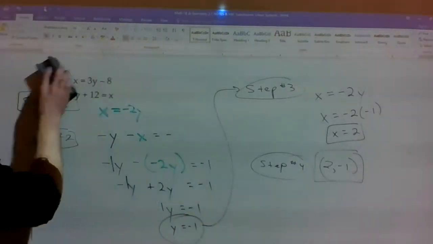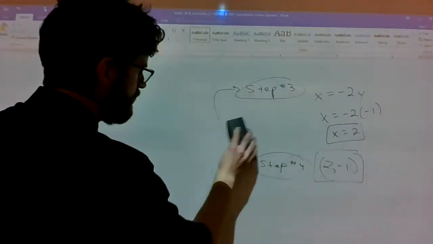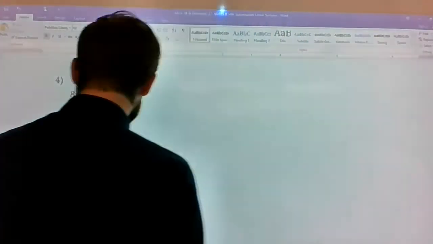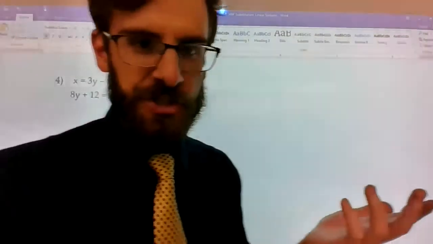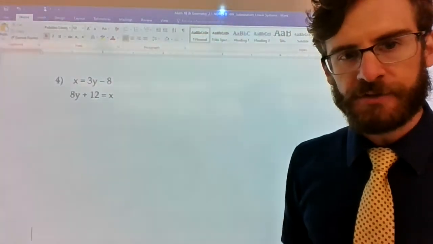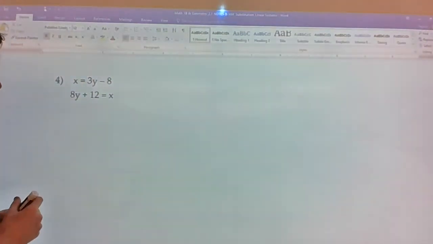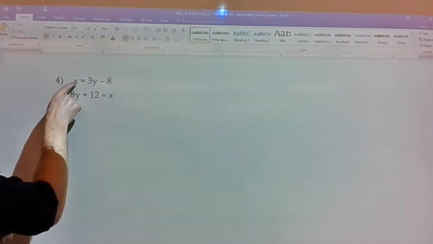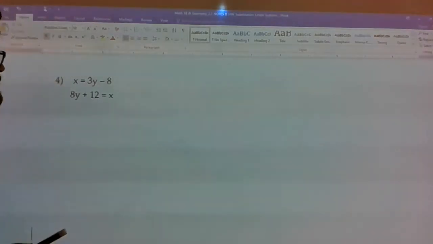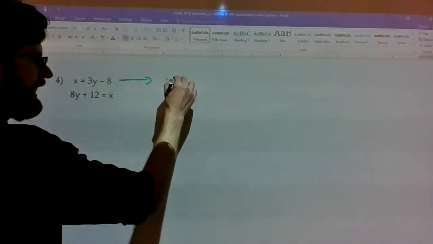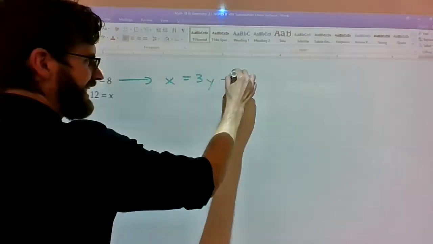All right, here's my last one. It's very tricky. I mean, not very tricky. It's a weird case. Here's why it's weird. First of all, both equations have x by themselves. Like if I were to rewrite the underneath here, I've got x is equal to 3y minus 8 up top.